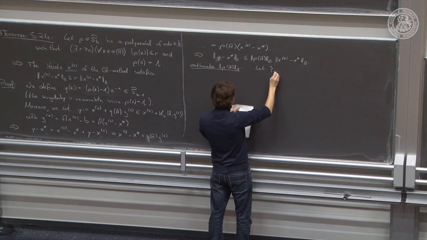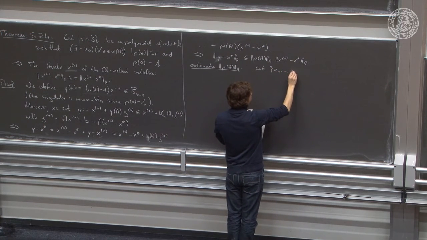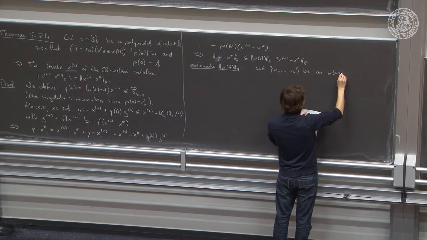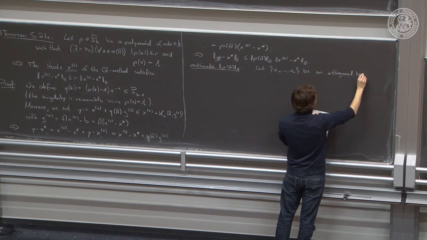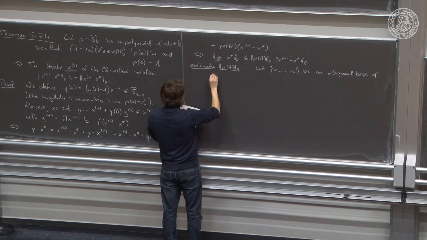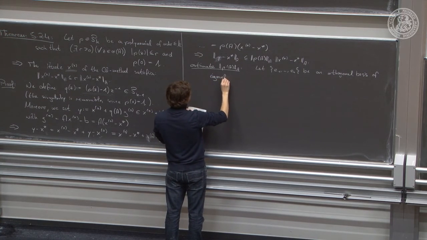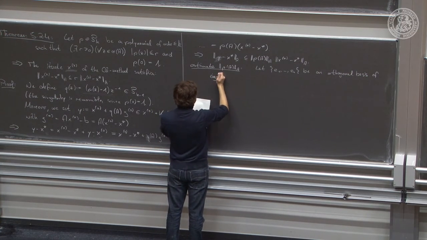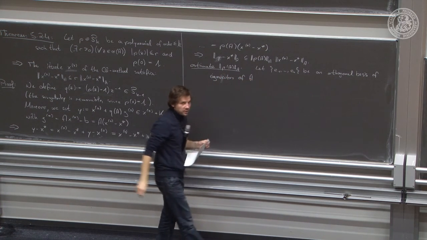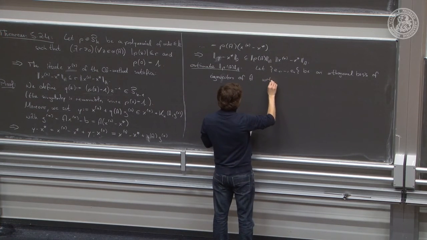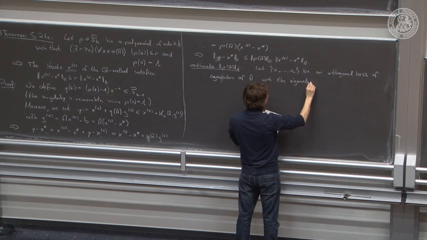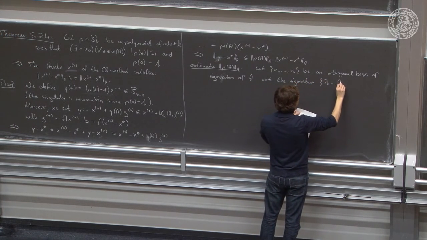Let e1 to en be an orthogonal basis of eigenvectors of A, and we can be sure that such an orthogonal basis of eigenvectors exists since A is symmetric, with respect to the eigenvalues lambda 1 to lambda n.